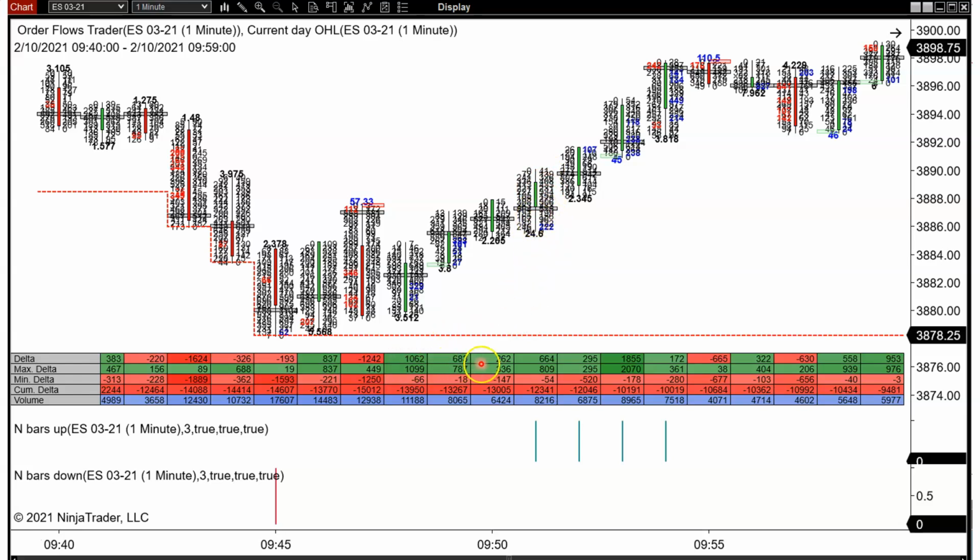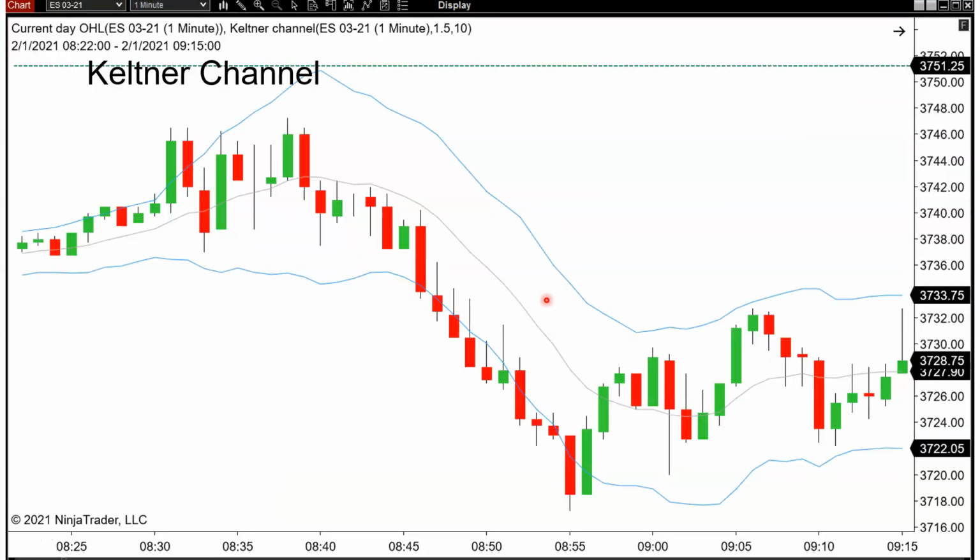Nice, strong, healthy delta. Obviously it's not 200, 300, 600, 1,000. It's 1,000, 600, 200. It's getting a little bit weaker, but then it comes right back with a nice strong one here, 664, another 200, another 1,800, right? That's how using order flow can help you. It's going to help you see things, strengths of moves, weaknesses, etc.